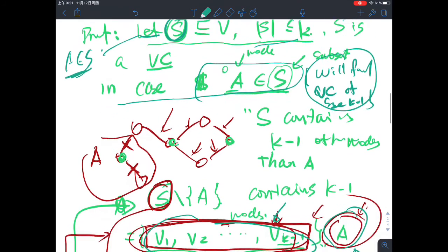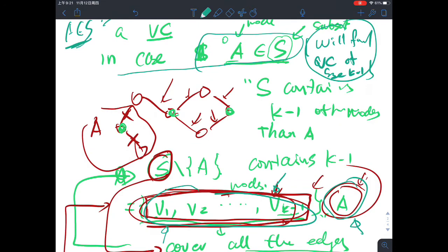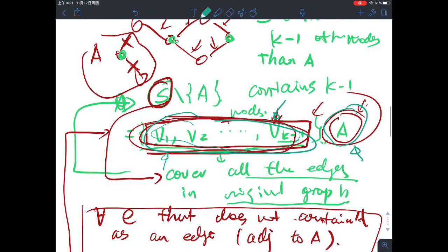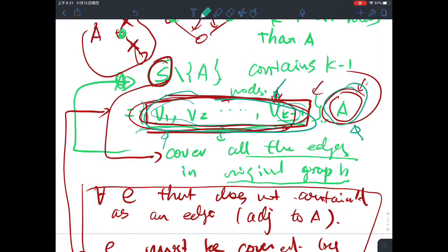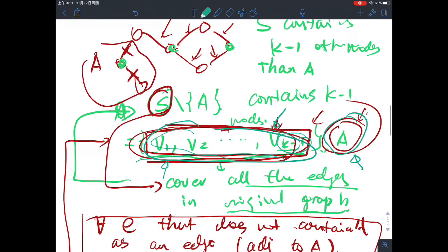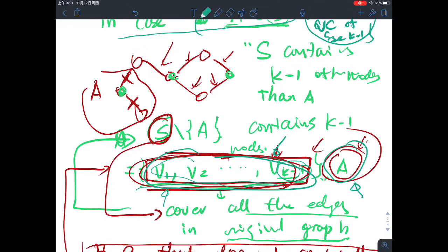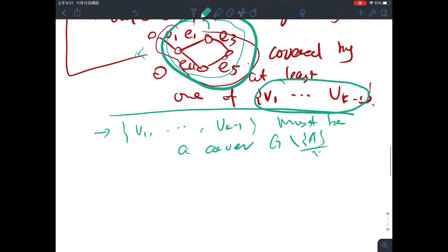The reason is I'm going to use the definition to argue that the rest of the nodes in S are going to cover the rest of the edges that are not adjacent to A, right? The size of the rest of the nodes is K minus 1, and the graph formed by all the edges that are not adjacent to A is exactly the graph with A being deleted, right? So we can conclude that we are able to find a subset of size K minus 1 to cover the rest of the graph, which contradicts the answer to the second oracle call, right?